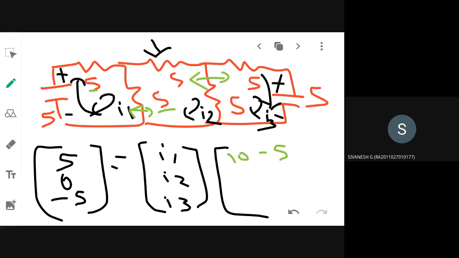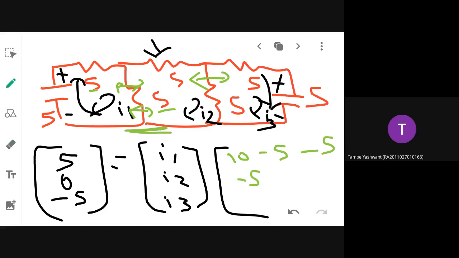Again, what is R21? Minus 5. Between these two, what is common? Again minus 5 only.